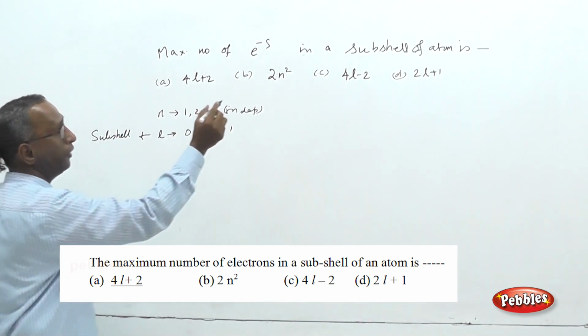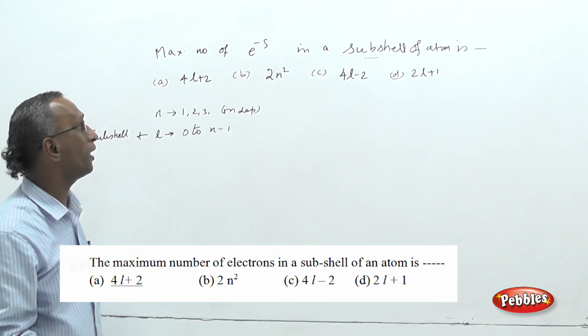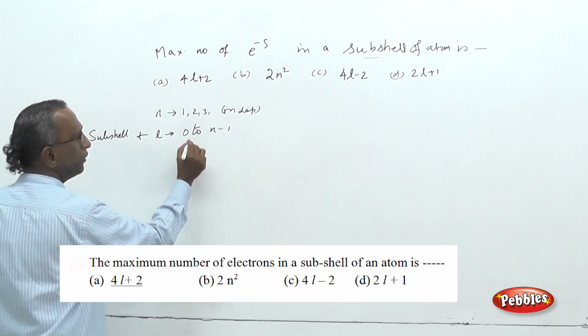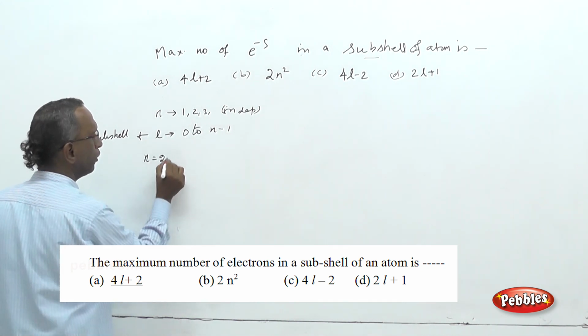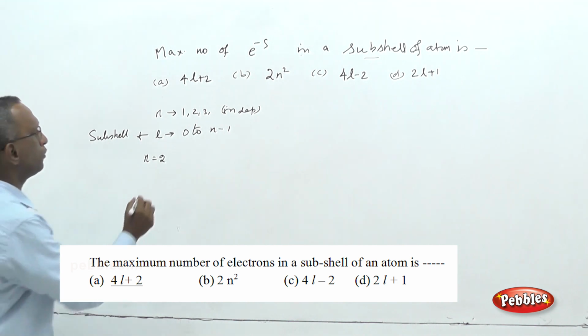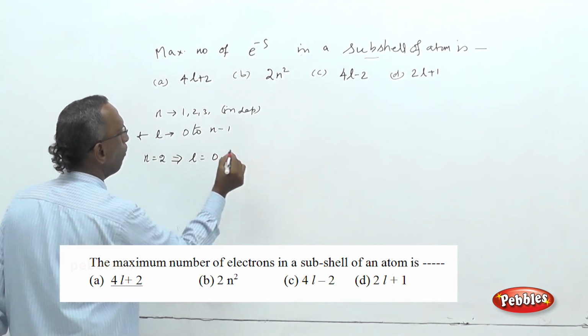We have already seen that the azimuthal quantum number is a measure of the subshell. What is meant by 0 to n minus 1? Let us fix n equal to 2. n equal to 2 means l values 0, 1.